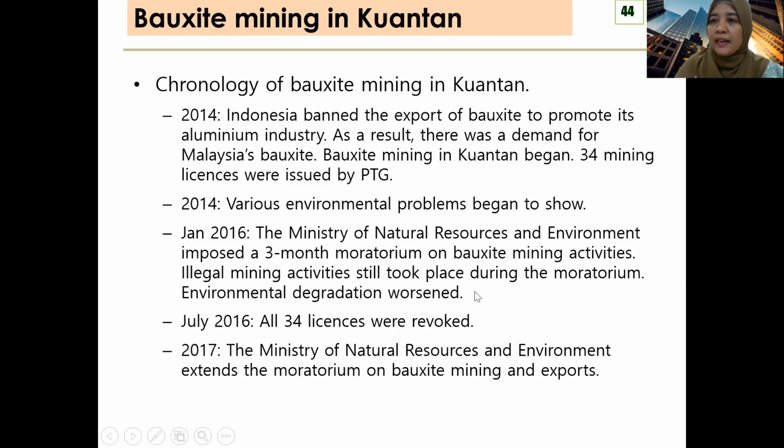Dia punya sebab pelanggaran the moratorium just now. People still did some illegal mining of the bauxite, masih ada degradation. So July 2016, all the 34 licenses were revoked. As we said before, licenses are under the control of the DG and it's temporary.